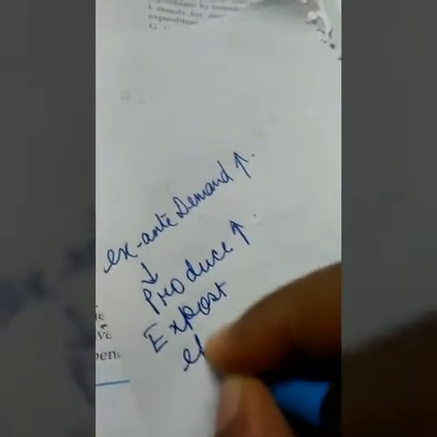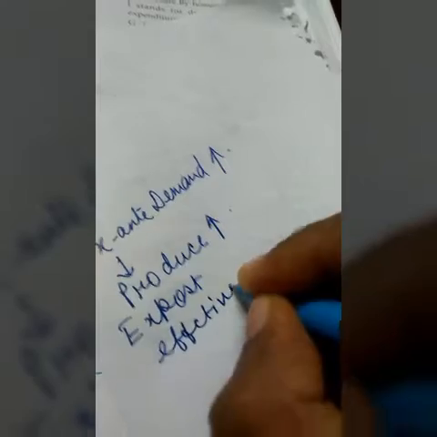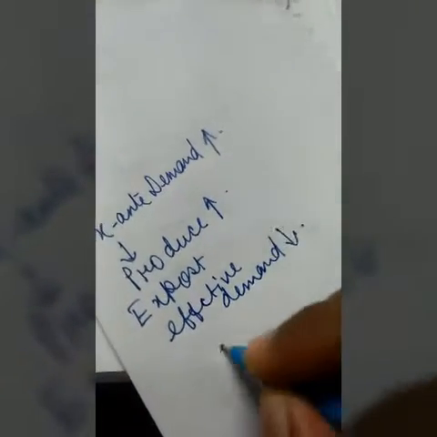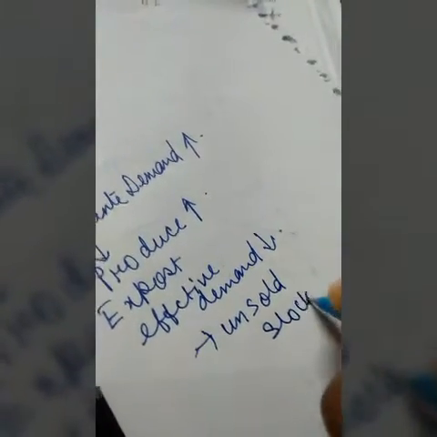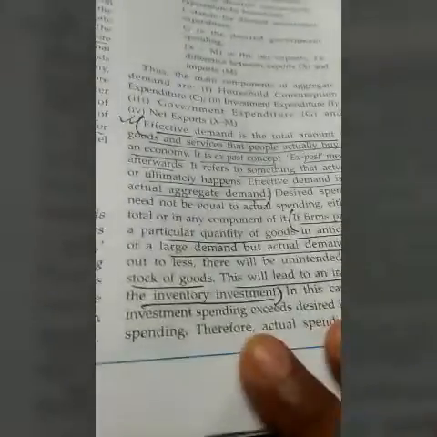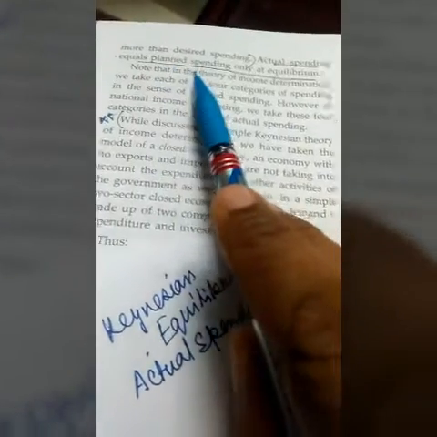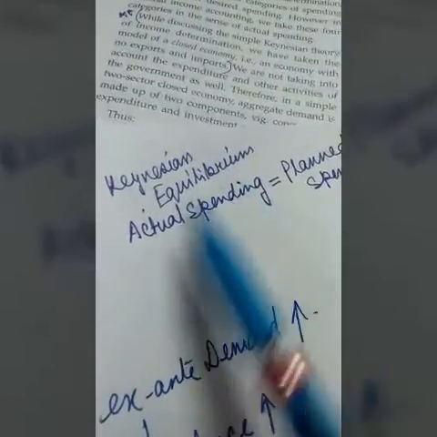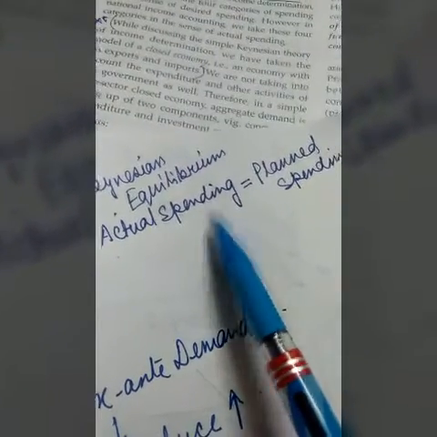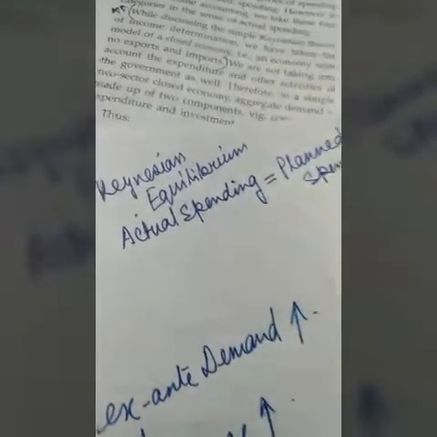But actually they saw the ex post demand, which is the effective demand. Ex post demand and effective demand are the same. They got to know that effective demand is less. If that happened, there will be a lot of unsold stock. So then you cannot say it's an effective demand. That's why on page number 202, Keynes says that actual spending should be equal to the planned spending only at equilibrium. That means when it is in equilibrium, ex ante and ex post are the same, then only they are equal.